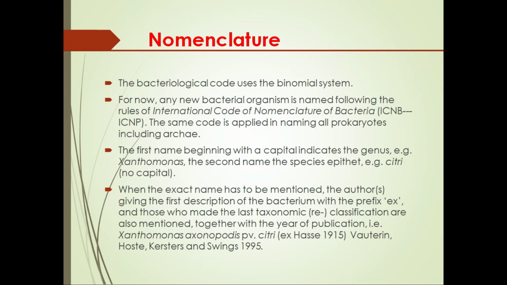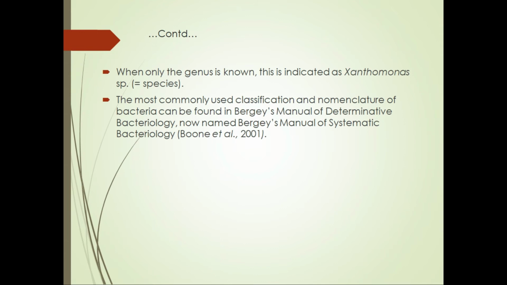So genus and species name, then the names of the authors to be given to make the name exactly scientific. Then when only the genus name is known, in that case the genus name following the rule should be written followed by sp. or species.